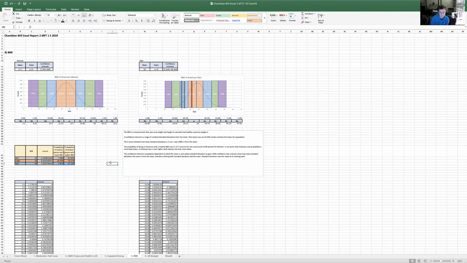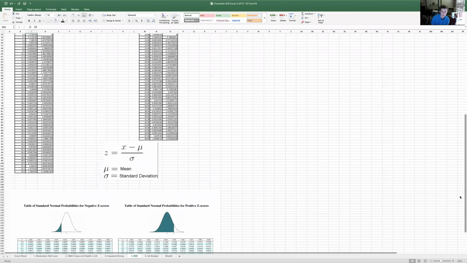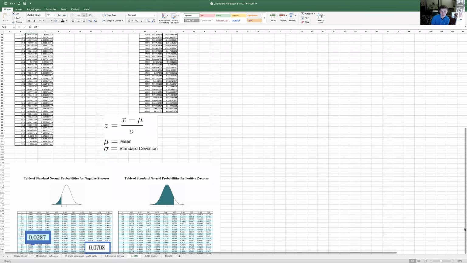Let's see here. The BMI, of course, is your body mass index. It takes your weight and your height and your age, and it tells you how healthy the weight is. Interestingly enough, someone like me who has a 22 BMI, there's only a 7.8% chance someone has a lower BMI than you. Let's go ahead and check our scores out on the graph. We had our callouts here. Can I go any lower?